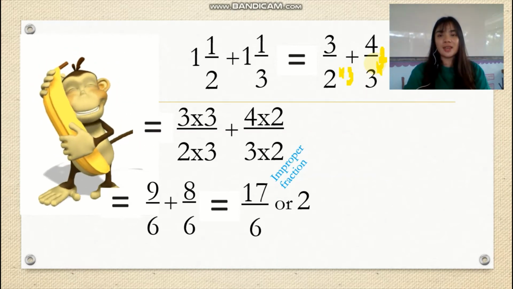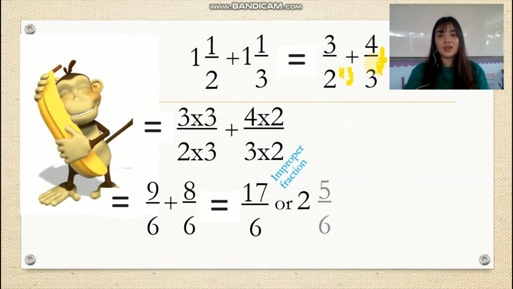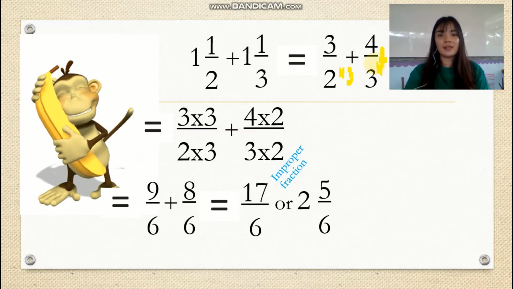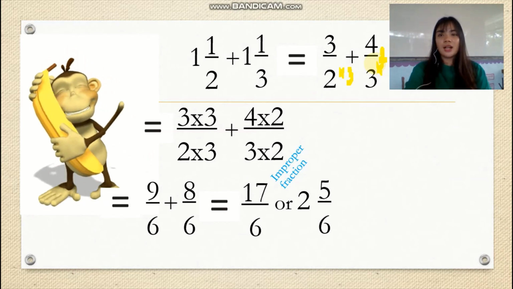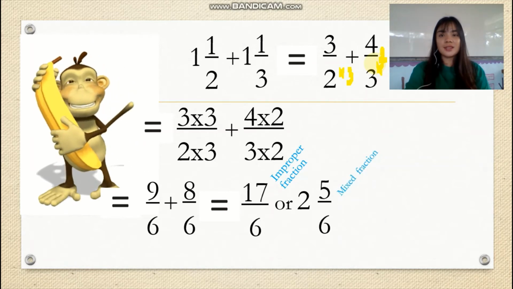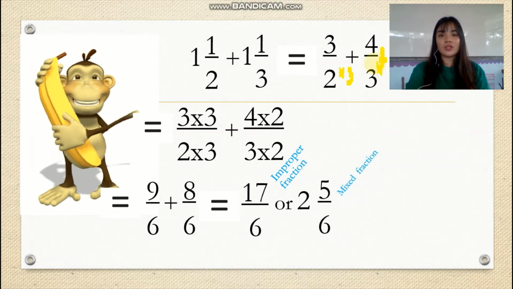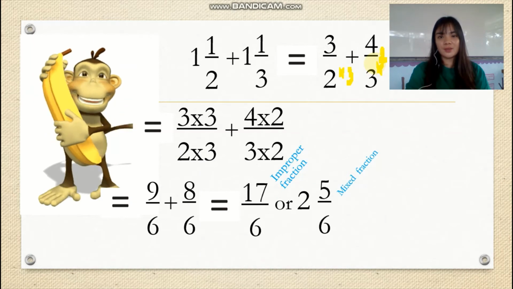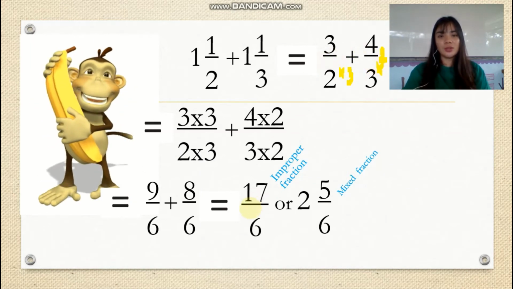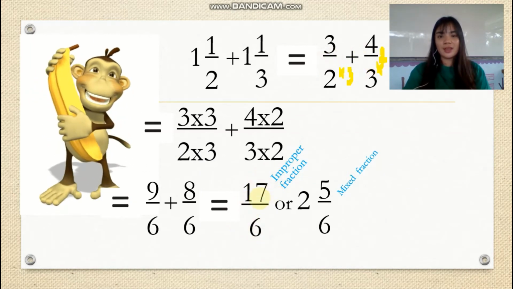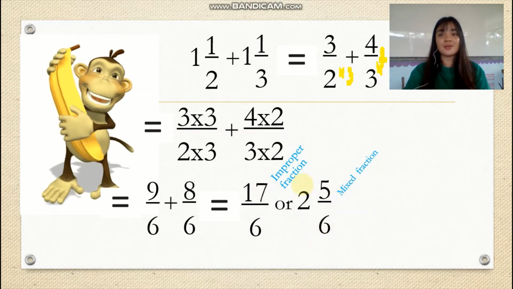So we can just get our remainder, which is 5, and then carry our denominator. So our answer could be 17 all over 6 or 2 and 5/6. So this is what we call an improper fraction, and this is a mixed fraction.